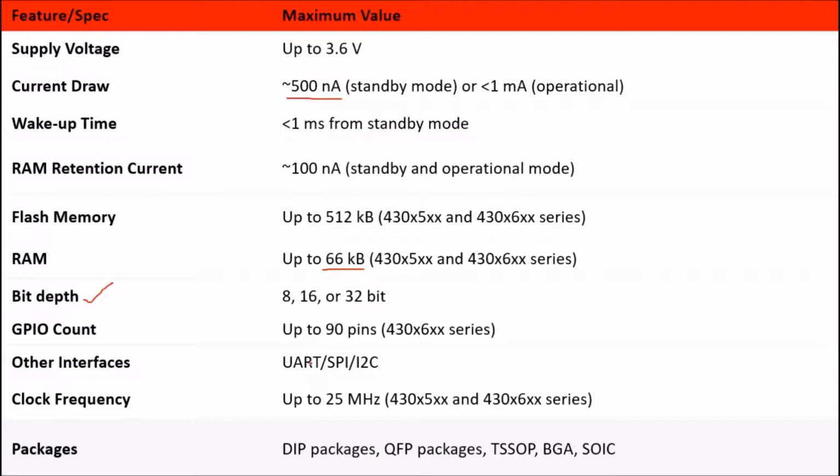Other interfaces available are UART, SPI, and I2C. Clock frequencies up to 25 megahertz for the 5XX and 6XX series. Packages available are DIP, QFP packages, and other packages are also available.